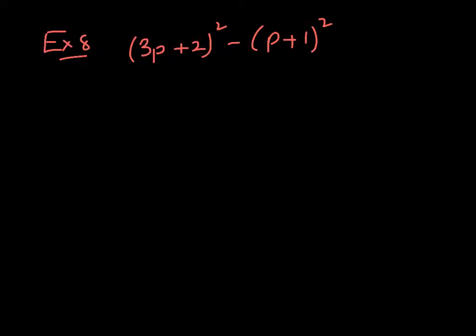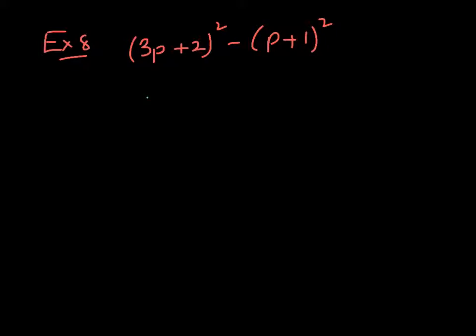And lastly, you can have two composite algebraic terms being squared, and it's still a difference of two squares. So 3p plus 2 squared minus p plus 1 squared. So how do we factorize this? Well, the same way we have worked so far.